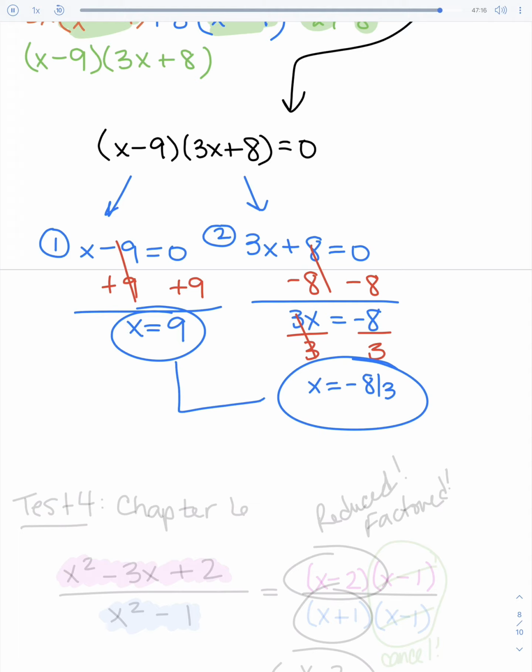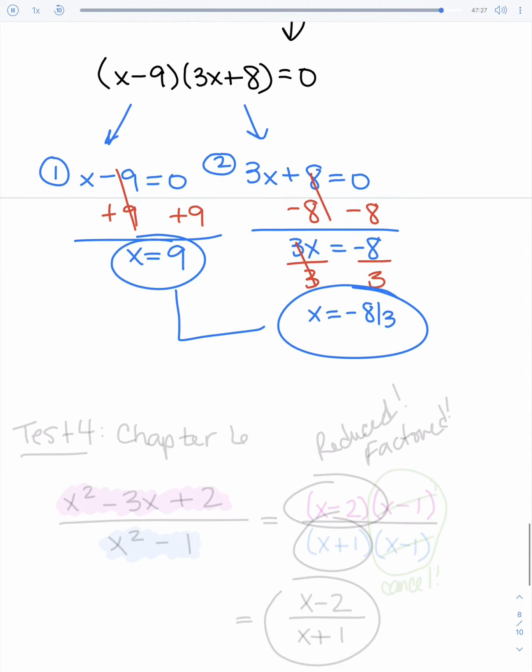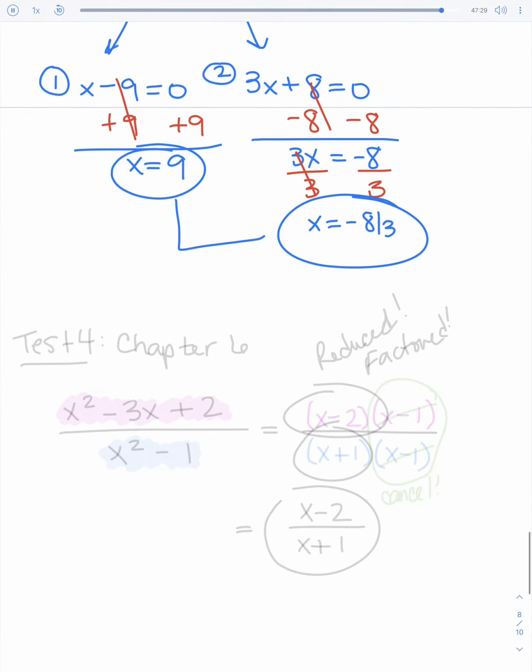So every single problem in Chapter 5 requires factoring. It's just whether or not you stop with the factoring or you actually need to solve it because it's equal to 0, finding solutions for x, like x equals 9 and negative 8/3 in this one.